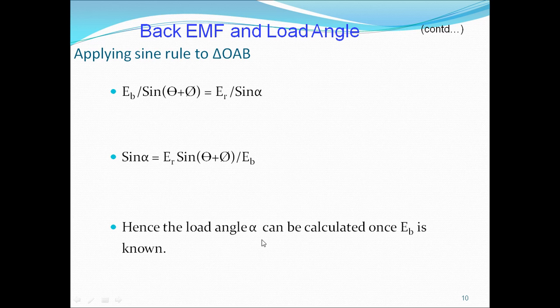Hence, load angle alpha can be calculated once EB is calculated. So this is for lagging power factor, and this is for a leading power factor, where EB is greater than V and the power factor is leading. Note down the formula.